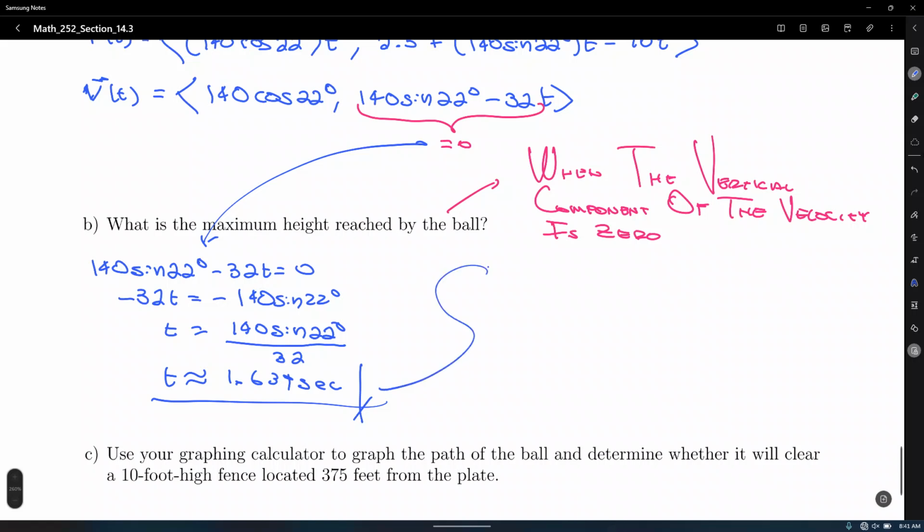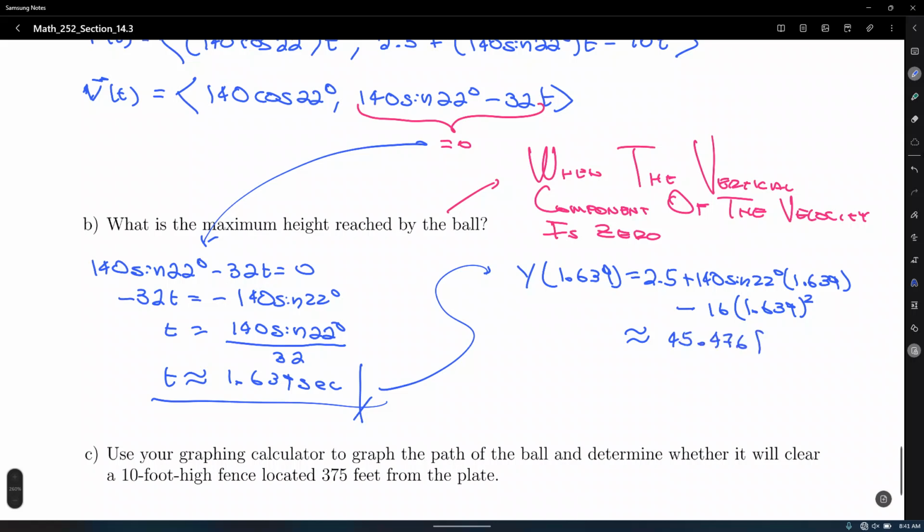So y evaluated at 1.639 equals 2.5 plus 140 sine 22 degrees times the time, which is 1.639, what we just found in the previous part, and then minus 16 times 1.639 quantity squared. And after simplifying all this madness, you should get 45.476 feet. In this case, I'm using 3 decimal places.